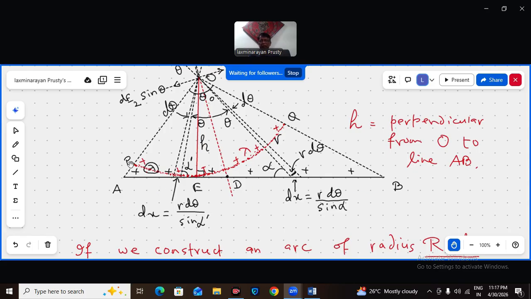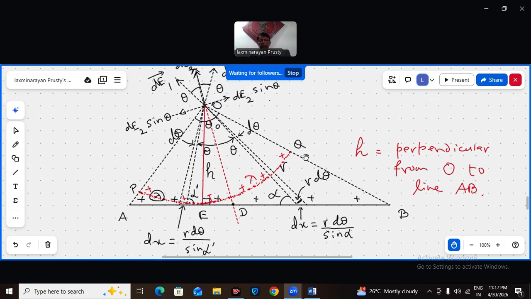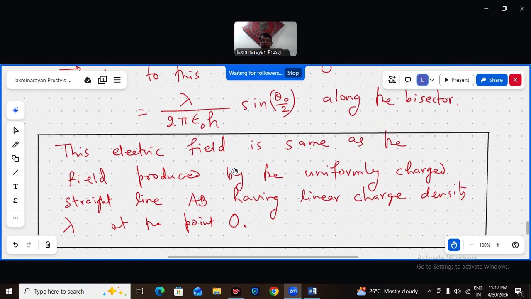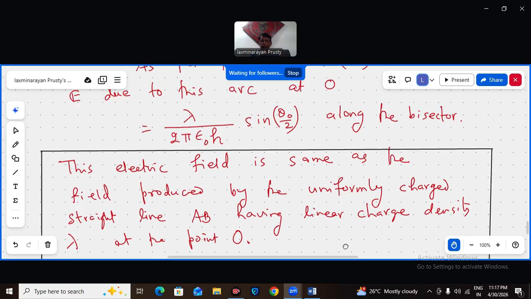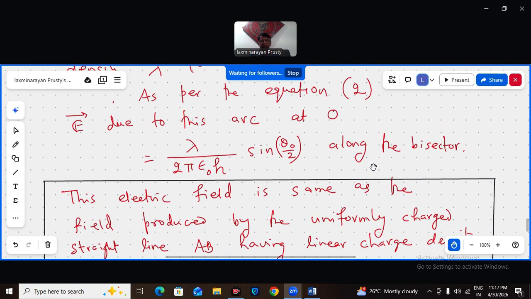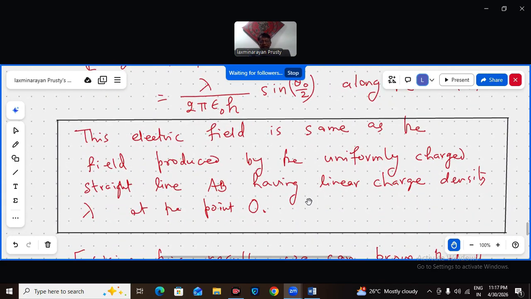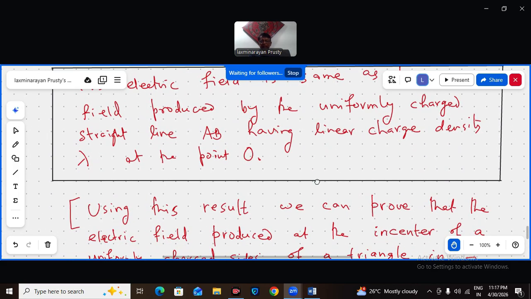Then the field due to the arc and the field due to the line charge distribution will be identical in direction as well as magnitude at O. So the electric field is the same as the field produced by the uniformly charged straight line AB having linear charge density lambda at point O. That is, this arc field and the linear charge distribution field are the same.